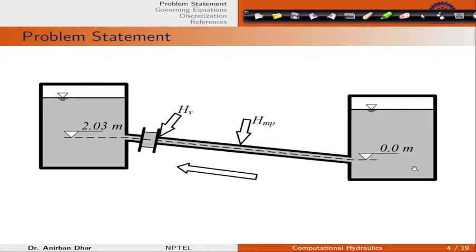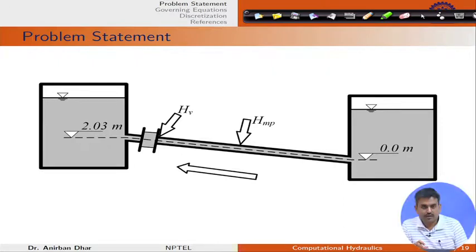So, problem statement: let us say that two reservoirs are connected. If I close a valve in between, suddenly obviously there will be change in the pressure within the pipe system, and how to model that can be solved using our unsteady pipe flow equations.